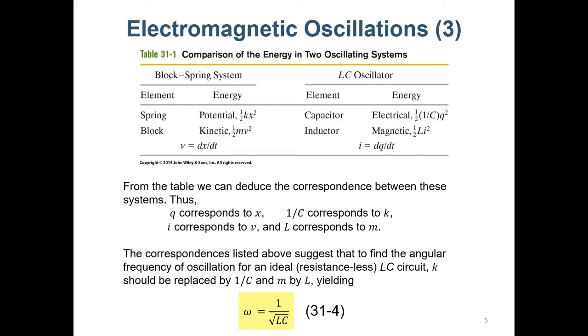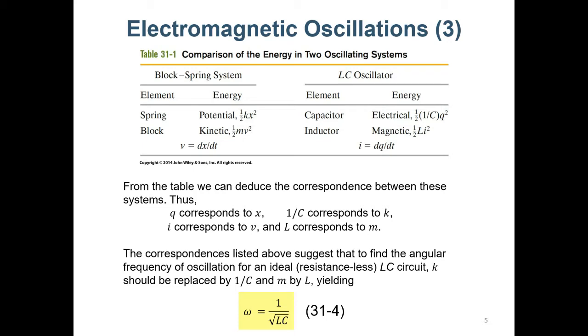And the block has the mass and the kinetic energy 1/2 mv squared, where v is the velocity, which is the first derivative of the displacement.